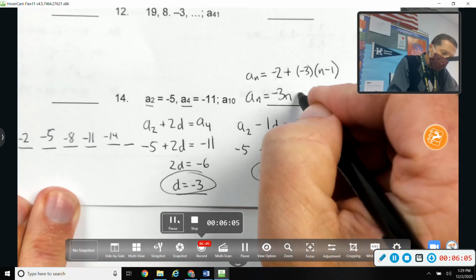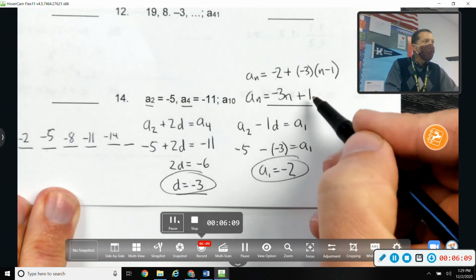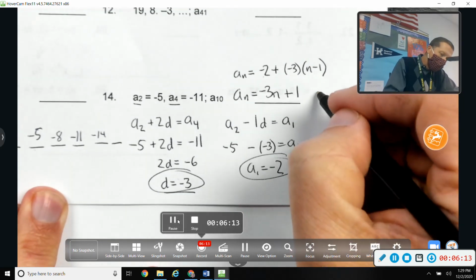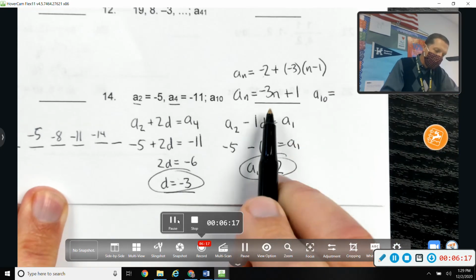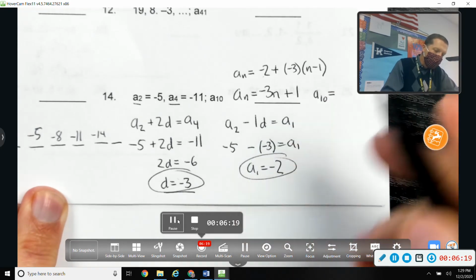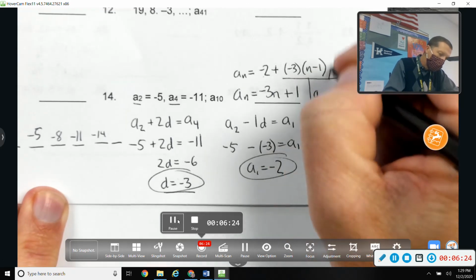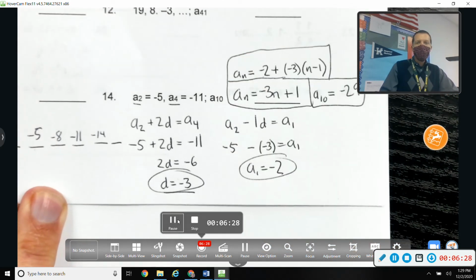Negative 3n plus 1. Either one is acceptable. You don't have to simplify it. Maybe it makes it easier to find a10 if you simplify it. Negative 30 plus 1 is negative 29. Overkill on the boxing there.